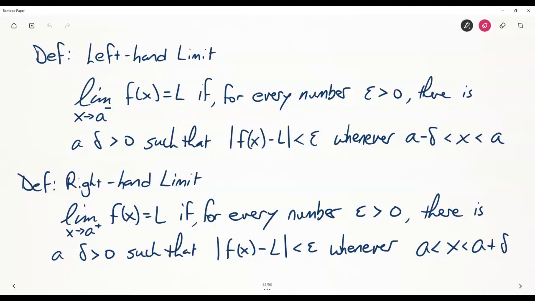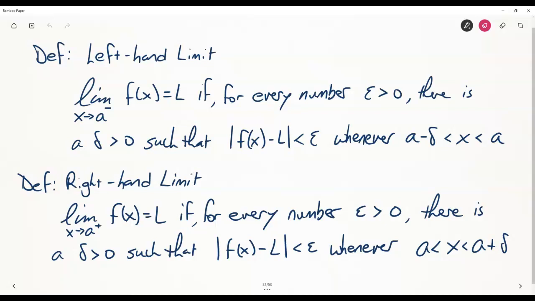So you might see these in homework problems from the book, but I'm not terribly interested in precise definitions of one-sided limits. Notice what changes. Everything stays the same until you get to what this inequality right here is. We're only looking at a and the left-hand side of a. Rather than going from a minus delta to a plus delta, we're only looking at the left-hand distance away from a, and that's going to be a minus delta up to a.